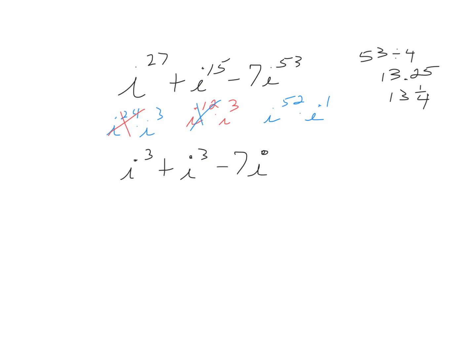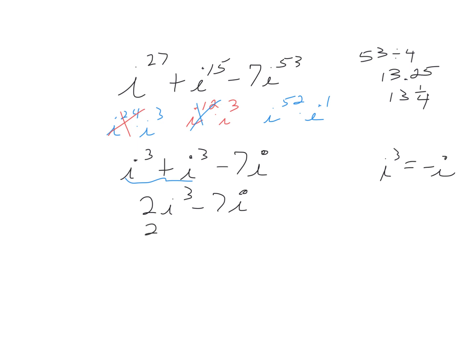Okay, now we have to combine all this. Well, this is 1i to the 3rd plus 1i to the 3rd. Well, that's not hard. That's just 2i to the 3rd when we combine these two. And then we have minus 7i. Well, we need to remember what i to the 3rd equals. And i to the 3rd, we know from our table that i to the 3rd equals negative i.